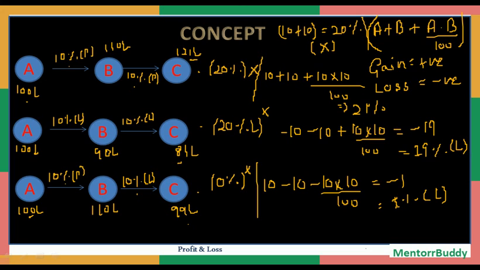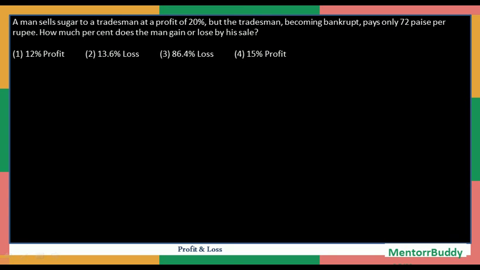Now coming directly to the question, it says a man sells sugar to the tradesman with a profit of 20%. So the fair profit initially that he is making is 20%. But the tradesman being bankrupt pays only 72 paise per rupee. Now in that case we can say that the man is incurring a loss.